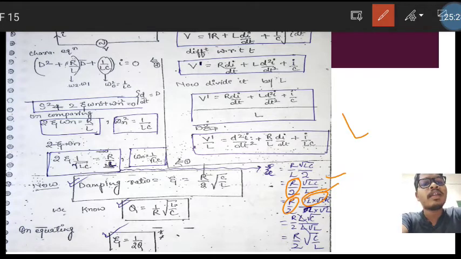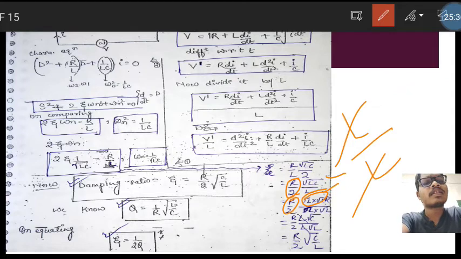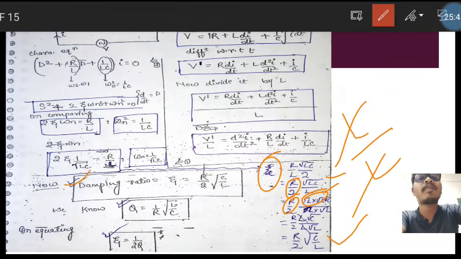In the denominator side L is present, so L gets cancelled in both. So after cancelling, we get R divided by 2 root over of LC as our zeta, that is the damping ratio.